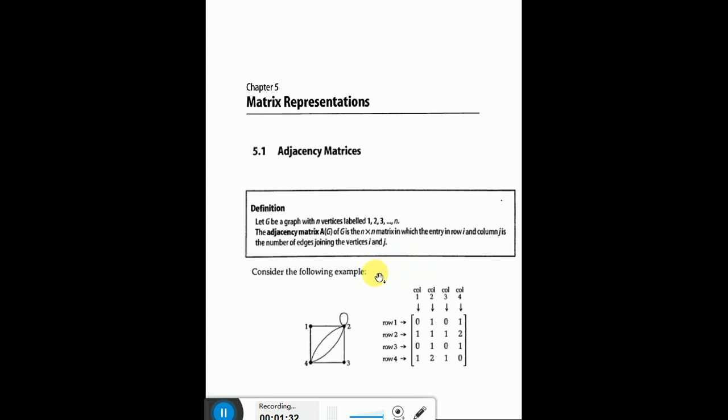Now, here we have an example. Here we have a graph where the vertices are labeled 1, 2, 3, and 4. Similarly, we label the rows 1 to 4 and the columns again 1 to 4.